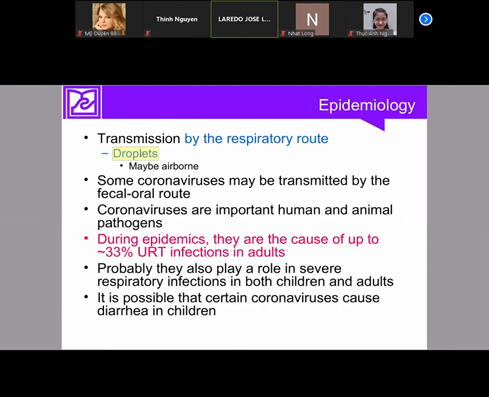So inhalation of droplets, contact with mucosas, with the eyes, with the mouth. Some people say that some coronaviruses may be transmitted through the air, airborne transmission, but only some. Other coronaviruses may be transmitted by the fecal-oral route, but very few. And they are very important human and animal pathogens, very common in human infections.